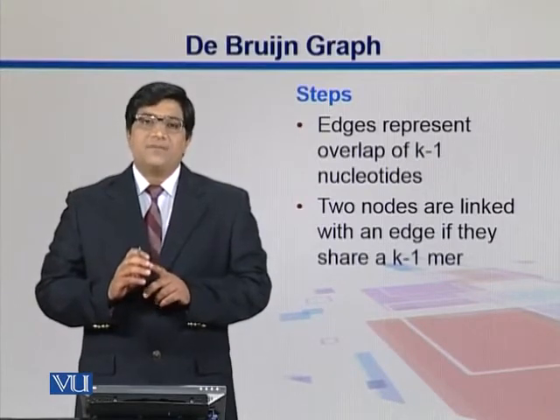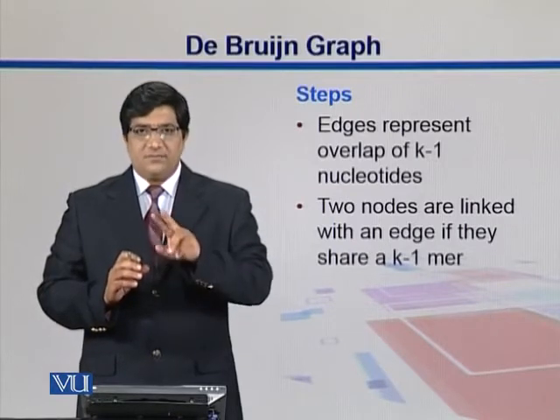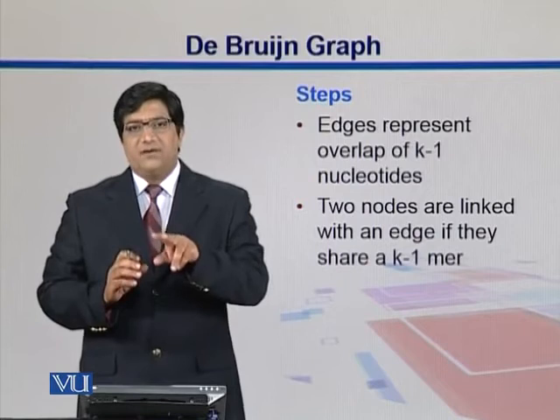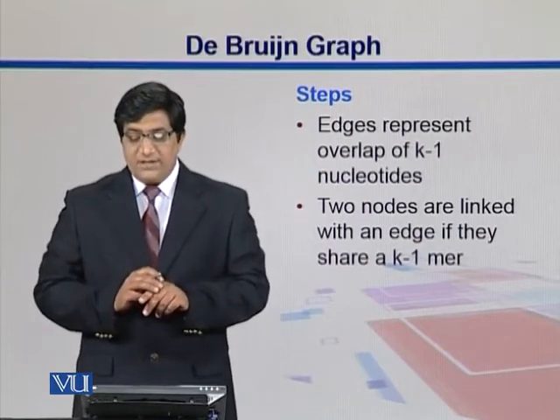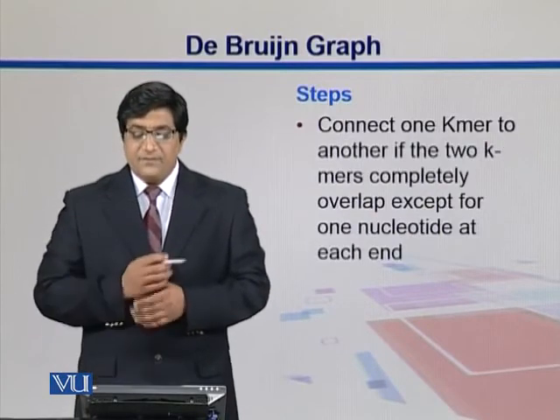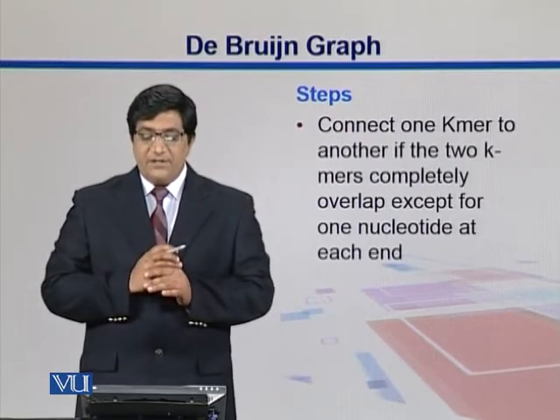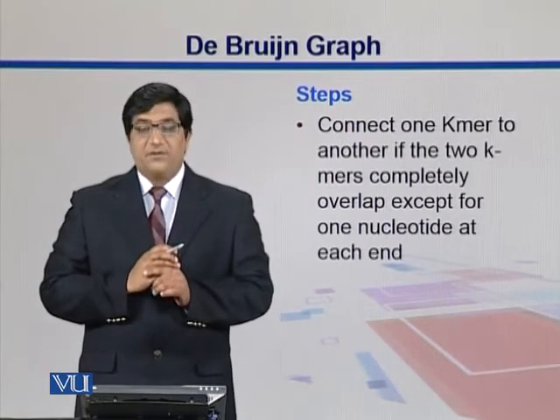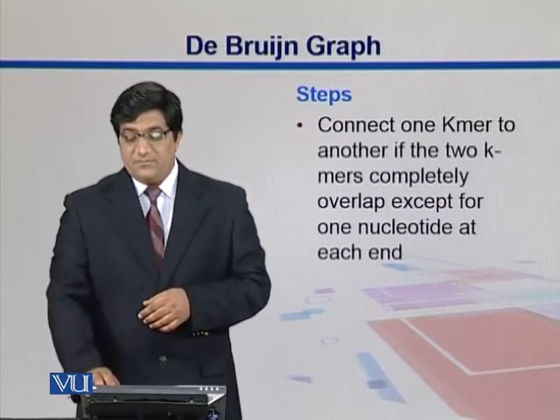For example, if the k-mer size is 3, at most 2 of them should be overlapping with one another, not the third one. So 2 nodes are linked with an edge if they share a k-1 mer, and we connect one k-mer to another if the 2 k-mers completely overlap except for one nucleotide at each end.